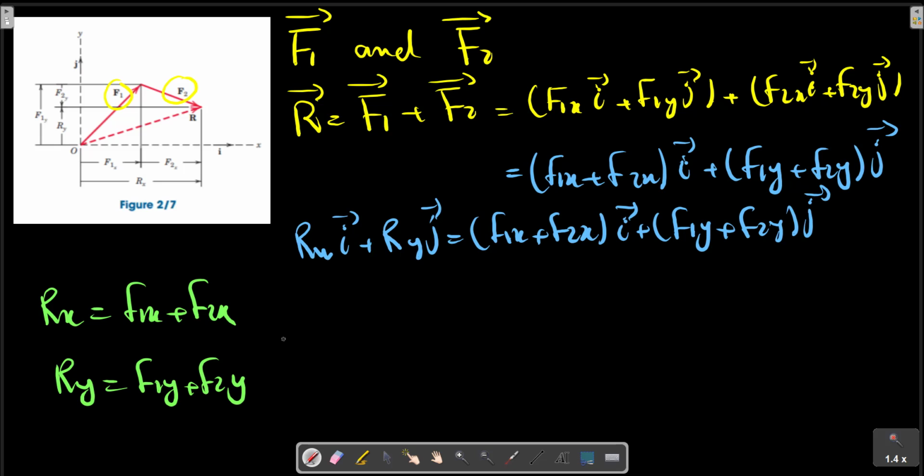The terms sigma Fx and sigma Fy can be used for the summation.